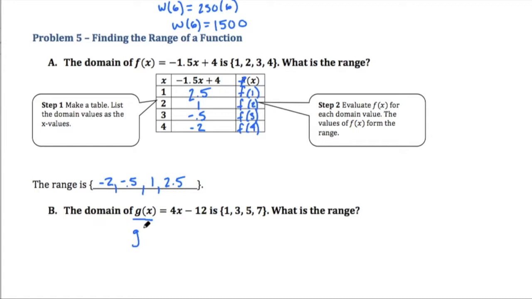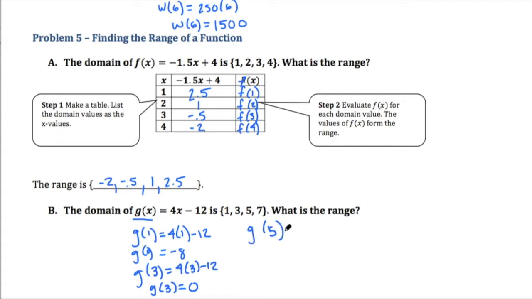So let's go ahead and find g of 1. So g of 1 is equal to 4 times 1 minus 12. G of 1 is equal to 4 minus 12 is negative 8. G of 3 is equal to 4 times 3 minus 12, and there we get g of 3 is equal to 0. G of 5 is equal to 4 times 5 minus 12.